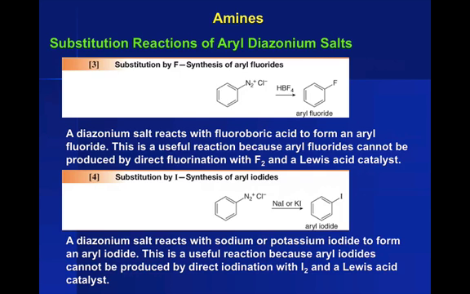We can make aryl fluorides, and we can also make aryl iodides really conveniently if we use sodium or potassium iodide. So the Sandmeyer reactions work pretty well. We largely lump them into this Sandmeyer category, although these last two are technically not Sandmeyer because we're not using copper, but they do basically the same thing.